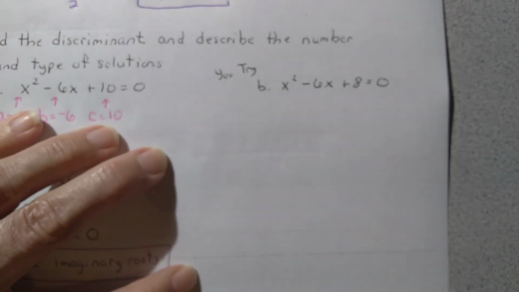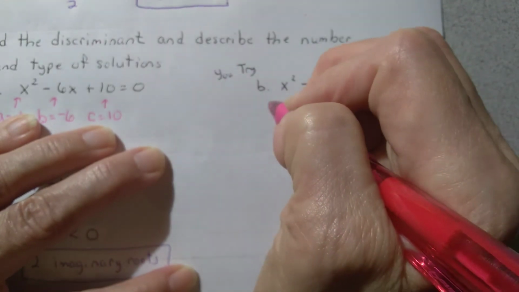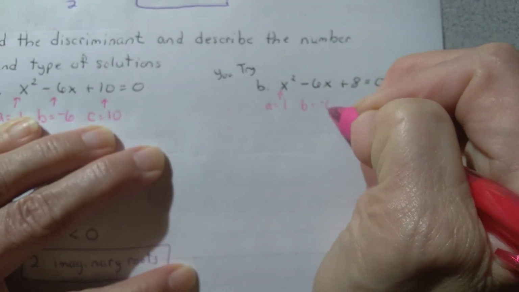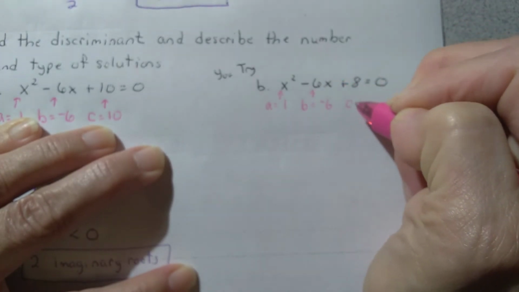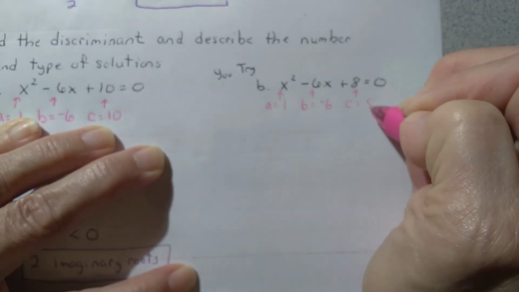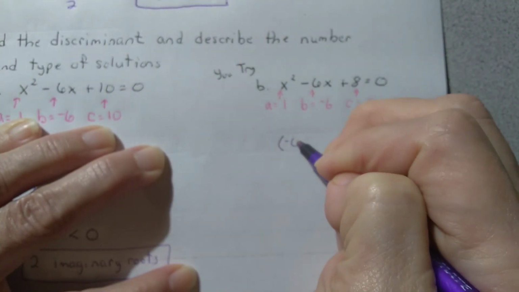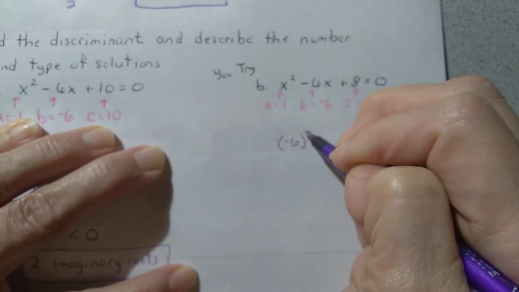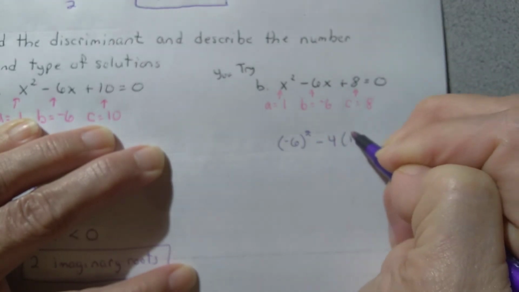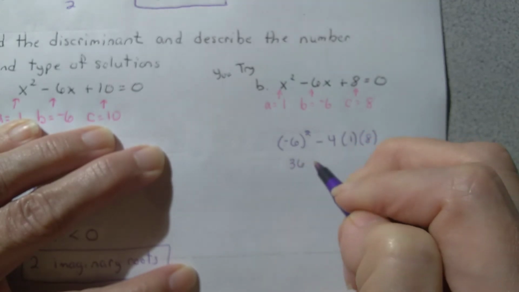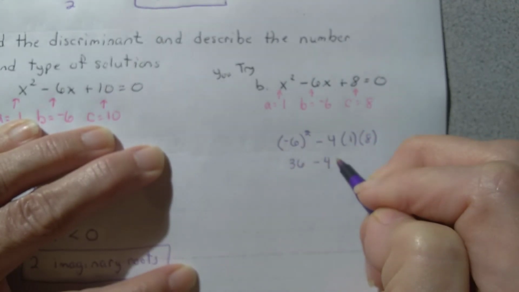Okay, welcome back. Let's see how we did. We have A is 1, we have B is negative 6, and we have C is 8. Plugging that into b squared minus 4ac, I've got 36 minus 48.